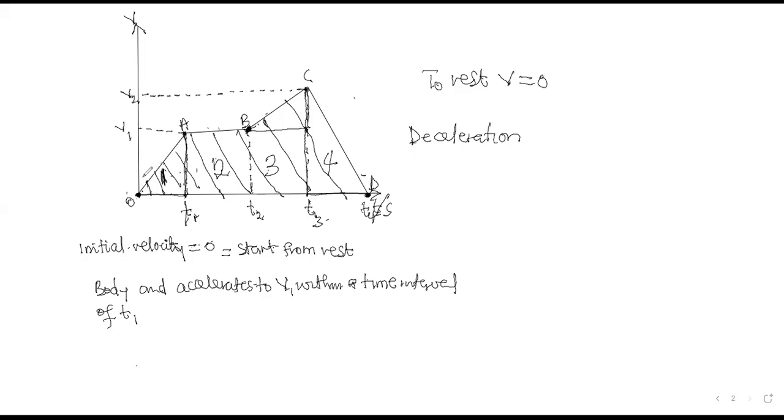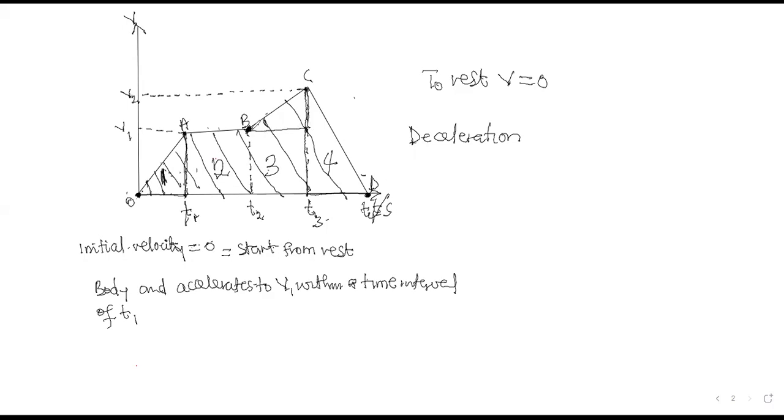So if you want the acceleration, the uniformly accelerated motion from O to A, find the slope, because the slope of a velocity time graph will give you the acceleration. Here, the acceleration is 0, because the slope is 0.